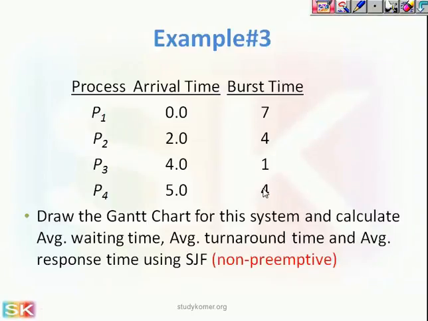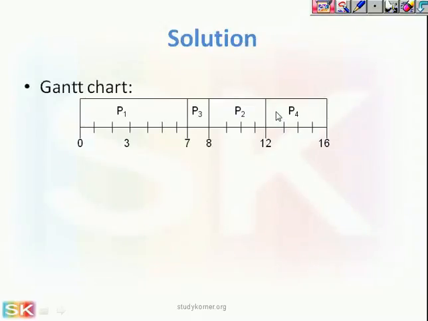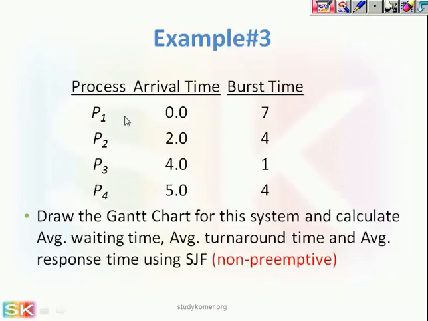So at this particular moment at time 0 there is only one process P1 in the system. So obviously this P1 process will be executed first. So P1 will be executed first, and again you can say that now at time 2.0 P2 is available.